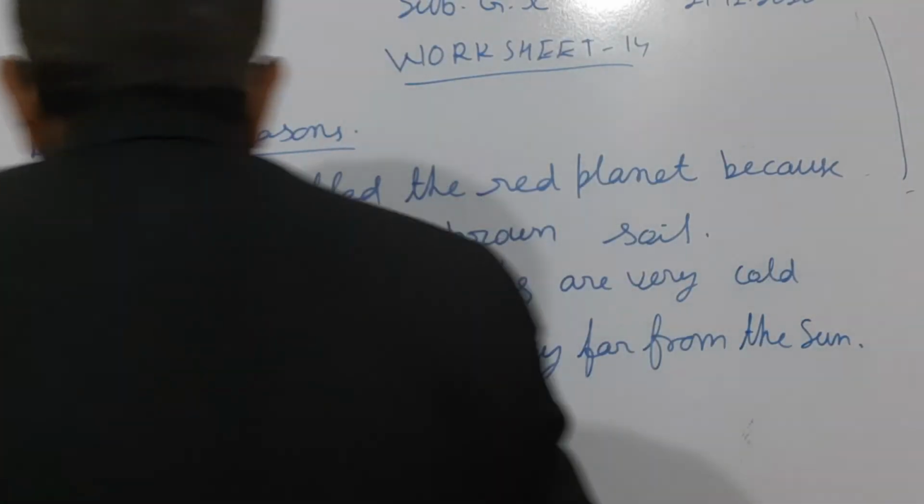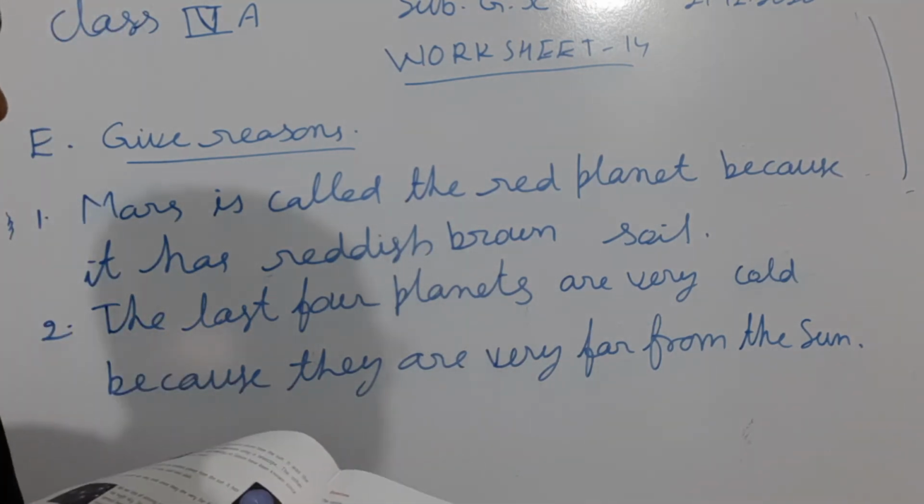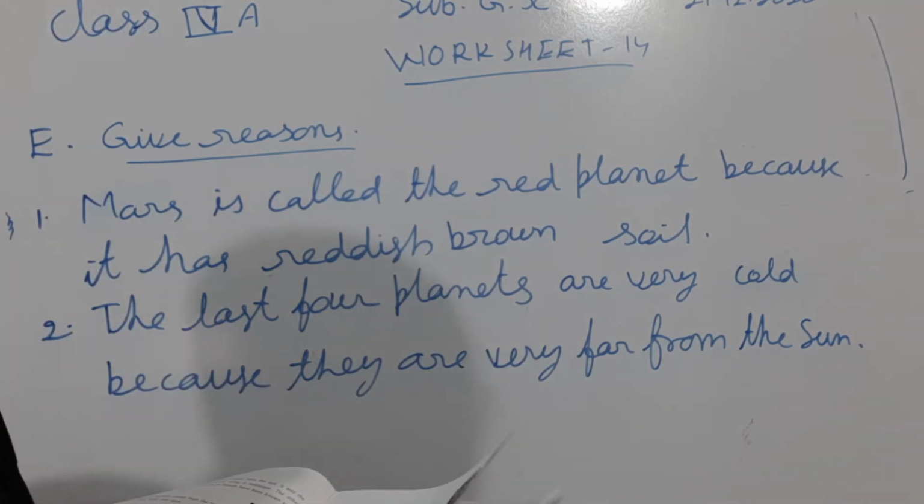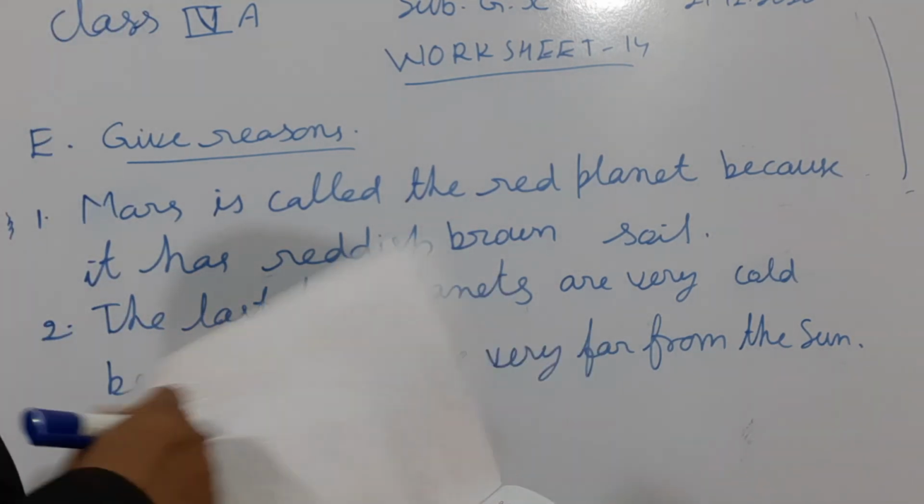The second question, the last four planets are very cold because they are very far from the sun.